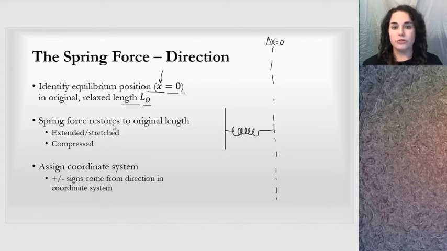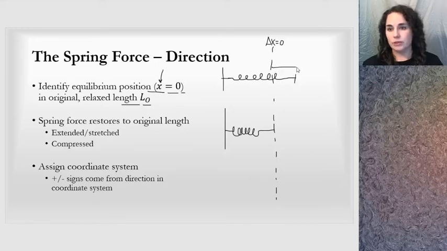The spring force restores to the original length. So if I think about a situation where I stretch the spring out and the coils become farther apart, I've displaced the spring a distance delta x away from the original length. The original length is defined as L naught.